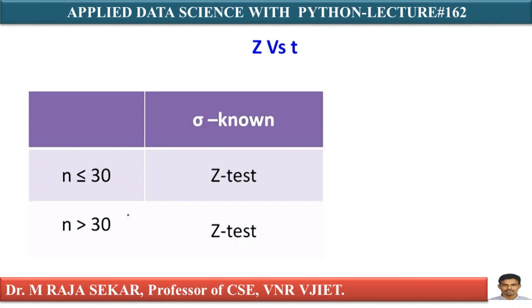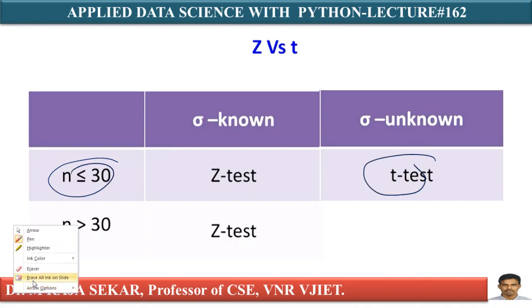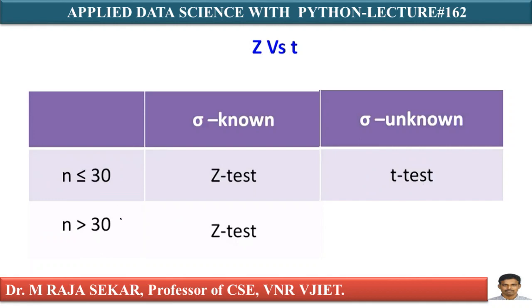When will you go for T-test? Whenever sigma is unknown and sample size is less than or equal to 30, that is a small sample, you should go for T-test.